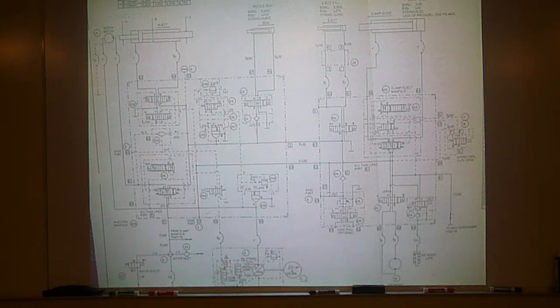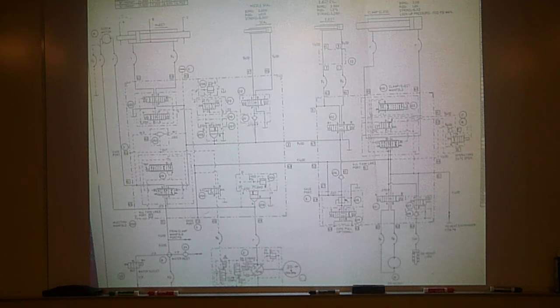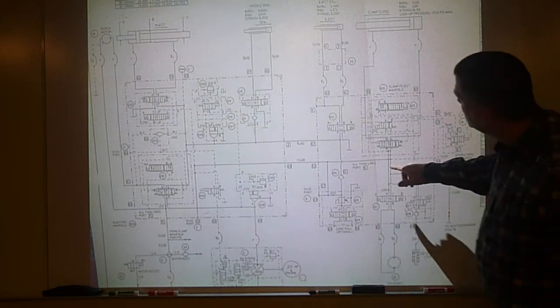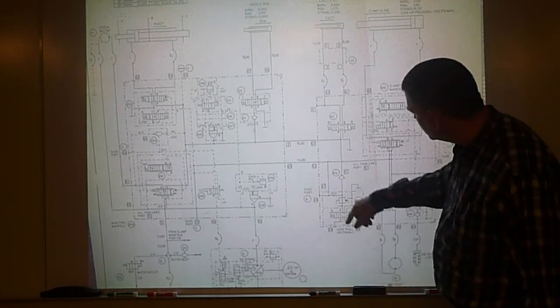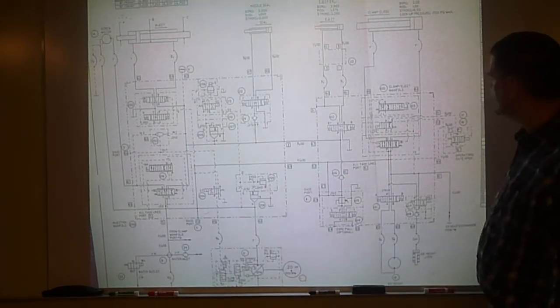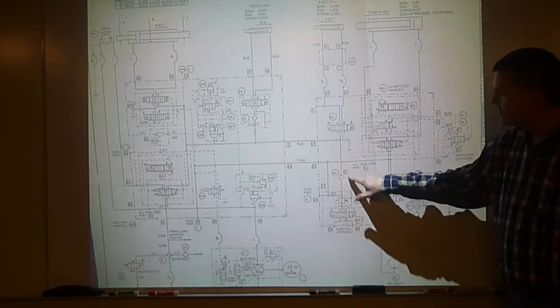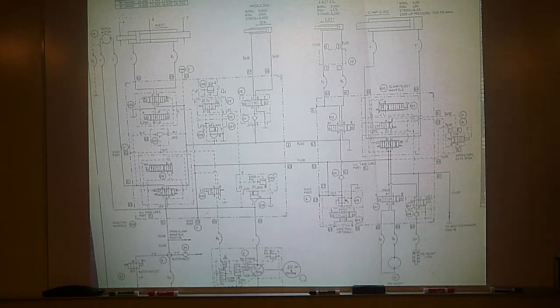Sad I can read it better on the paper than I can on the screen up there. 106 is right here. It doesn't look like a 6 here, it looks like a 4, but that's a 6. It's 106 right there. It's that valve. We all know what that is.